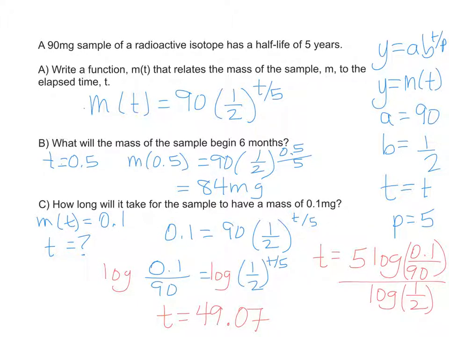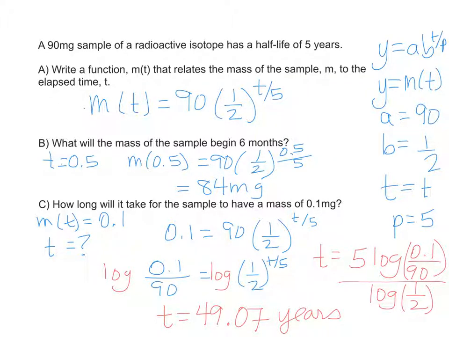49.07 years. How long will it take the sample to have a mass of 0.1 milligrams? 49.07 years. If you were to graph that m of t equals 90 times 1/2 to the t over 5, you'll just put in a y and an x instead of m and t.